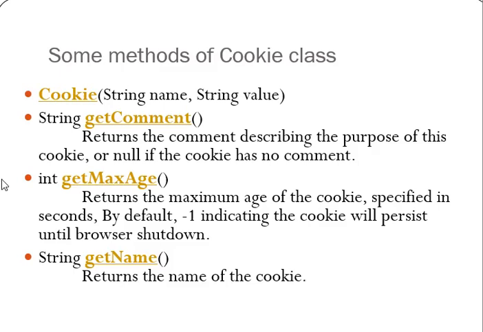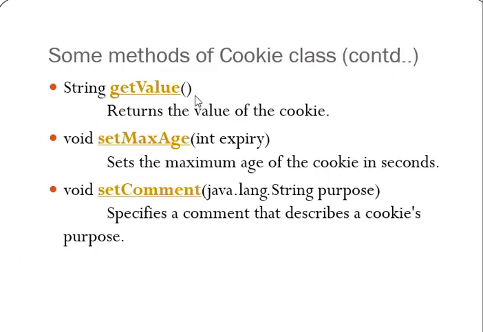Then getName returns the name of the cookie. getValue returns the value of the cookie. setMaxAge(int expiry): using this API, we can set the age of the cookie in seconds. Then setComment can be used to set the comment that indicates the purpose of the particular cookie.